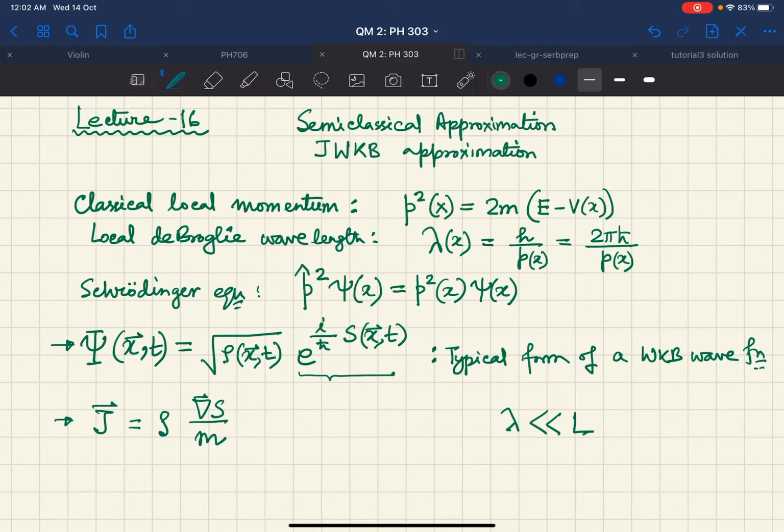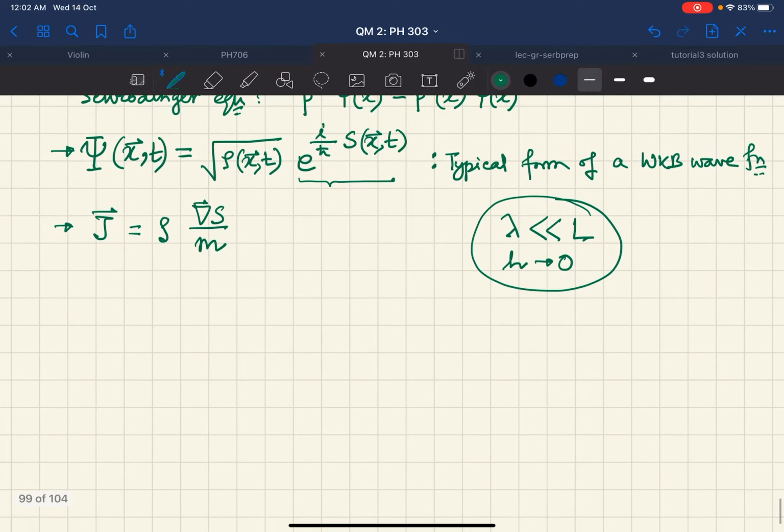So this particular thing was thought of as the limit h bar going to 0. These were the two important criteria that we tried to follow when we studied the basics of the WKB approximation in the previous class.